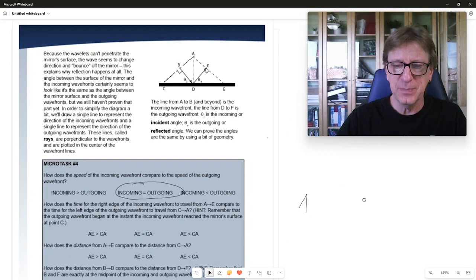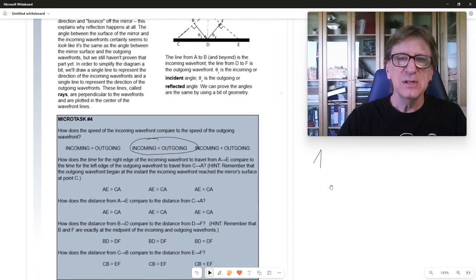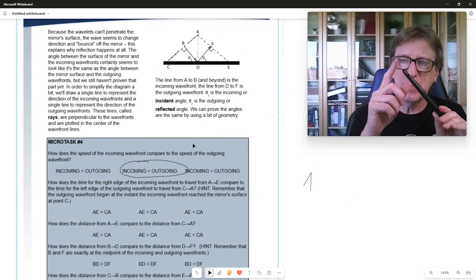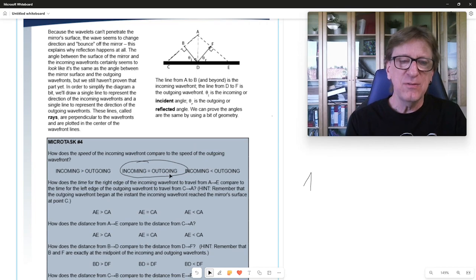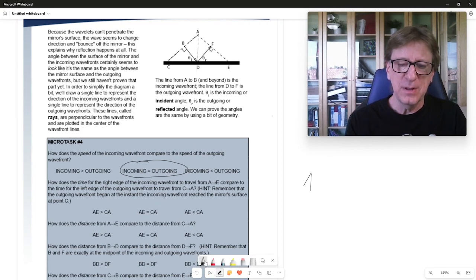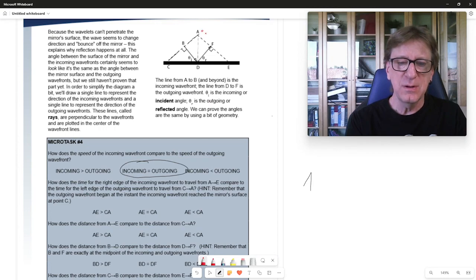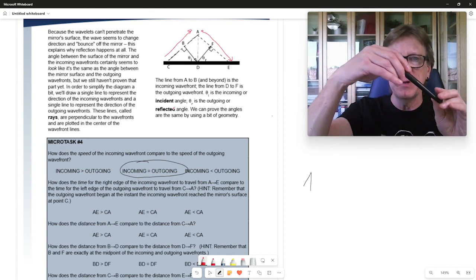All right, so how does the time for the right edge, that's that part at A, traveling from here down to E, so from here to here, that whole length there, how does that compare to the time it takes the left edge to go from C to A? So think about what's happening.